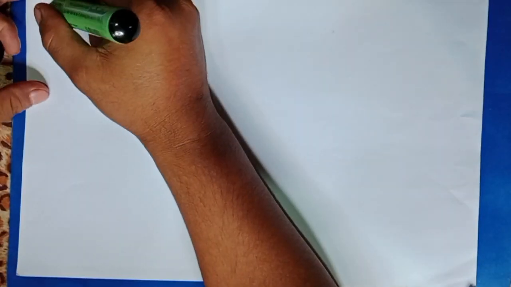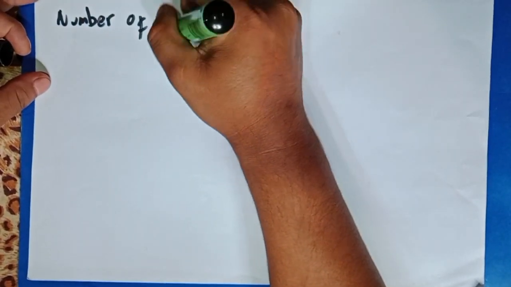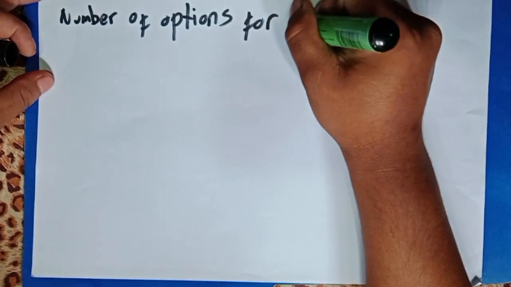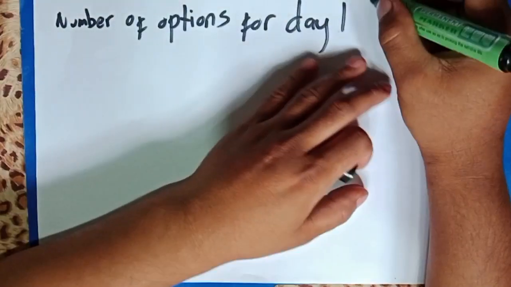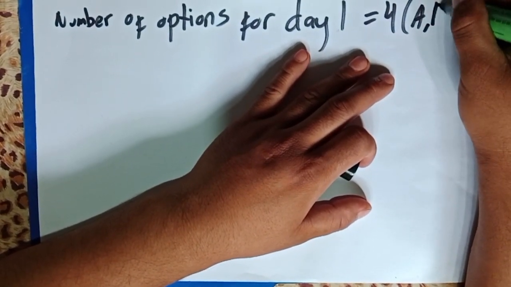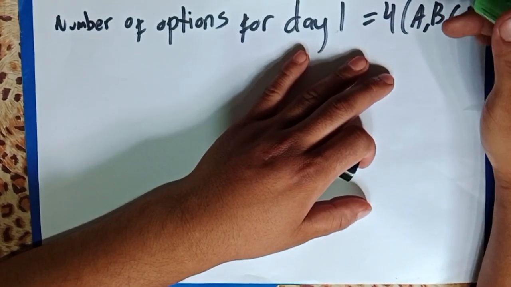So the number of different itineraries for a week-long vacation can be calculated by adding the possibilities for each day. Therefore, the number of options for day 1 equals 4: A, B, C, and D. So why A, B, C, and D?